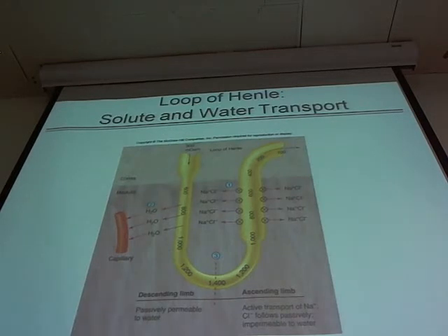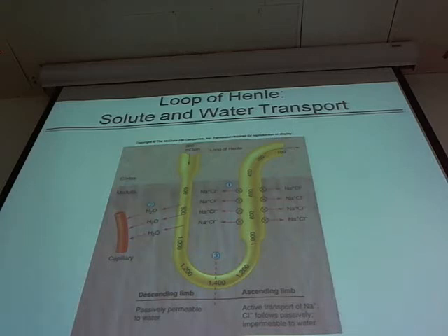Okay, loop of Henle, solute and water transport. Descending, you've got water going out, you've got sodium being pumped out, and the descending limb is passively permeable to water. Ascending, active transfer of sodium, chloride follows, and it's impermeable to water.